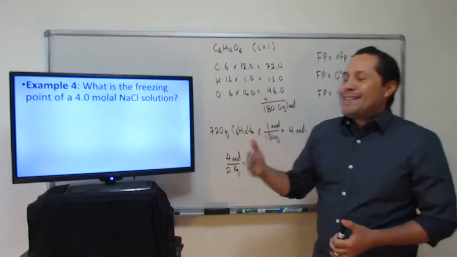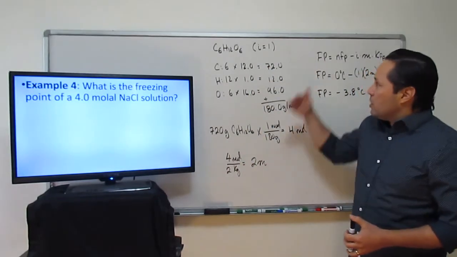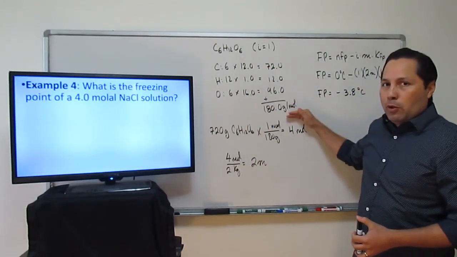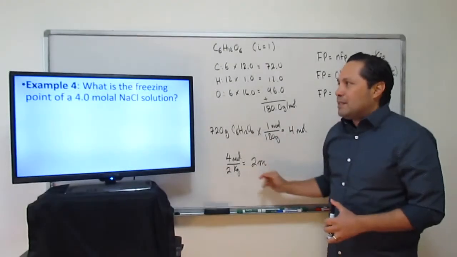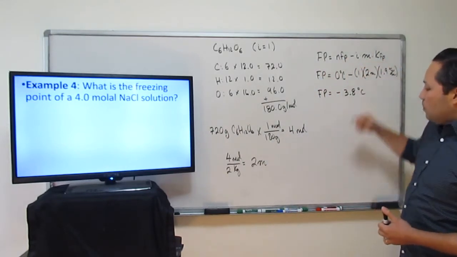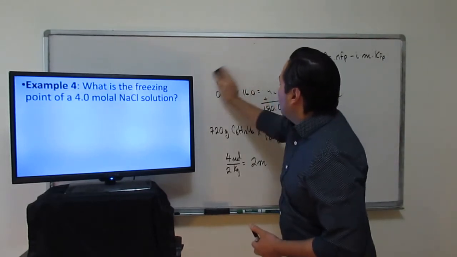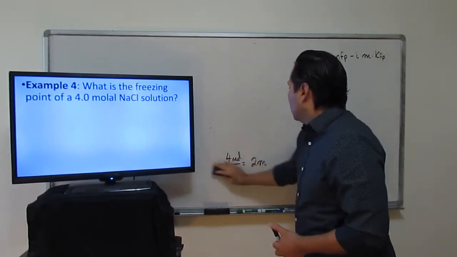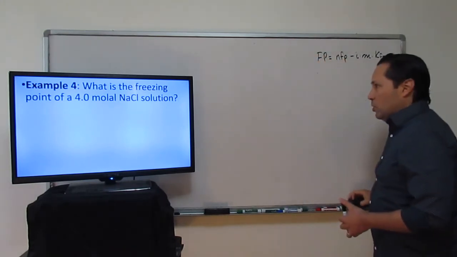Now notice that in this problem, we already have the molality, so we can skip figuring out the molar mass and the moles. The molality is already given to us, 4 molal. So we can start at this point right here. So let me erase the previous problem. And again, they're already giving us the molality, so that's all I need.